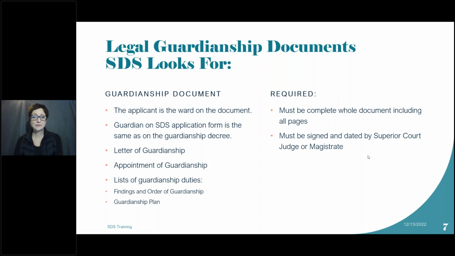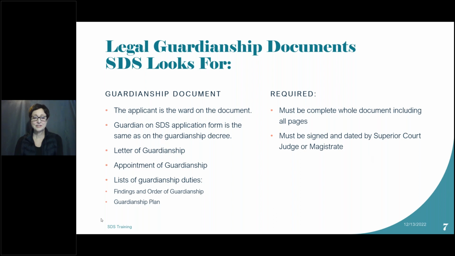What's required is that we need to receive the whole document, including all pages, and it needs to be signed and dated by the superior court or magistrate. You'll usually see that there's a seal or something like that too.